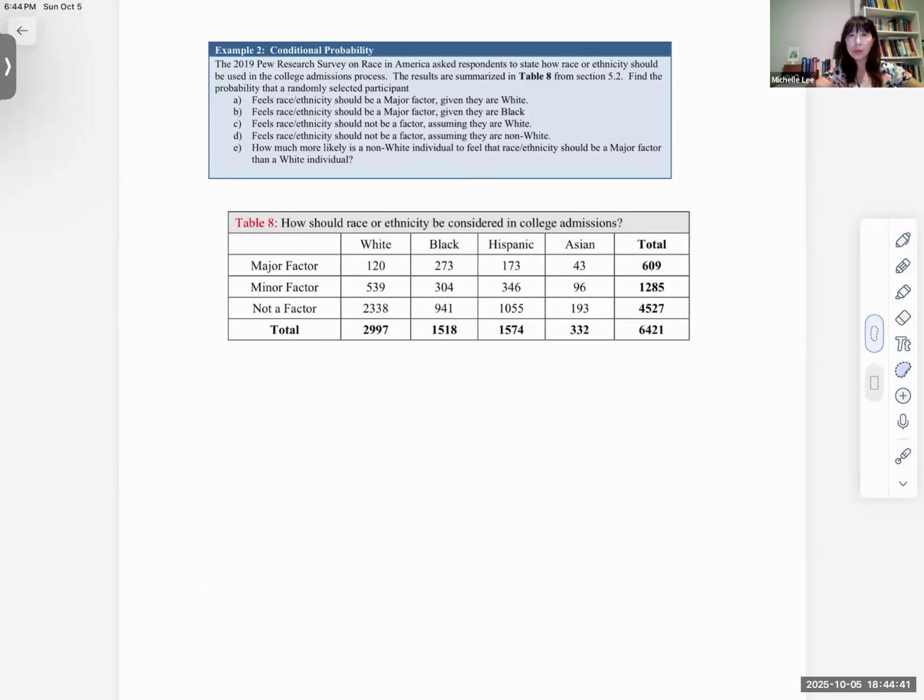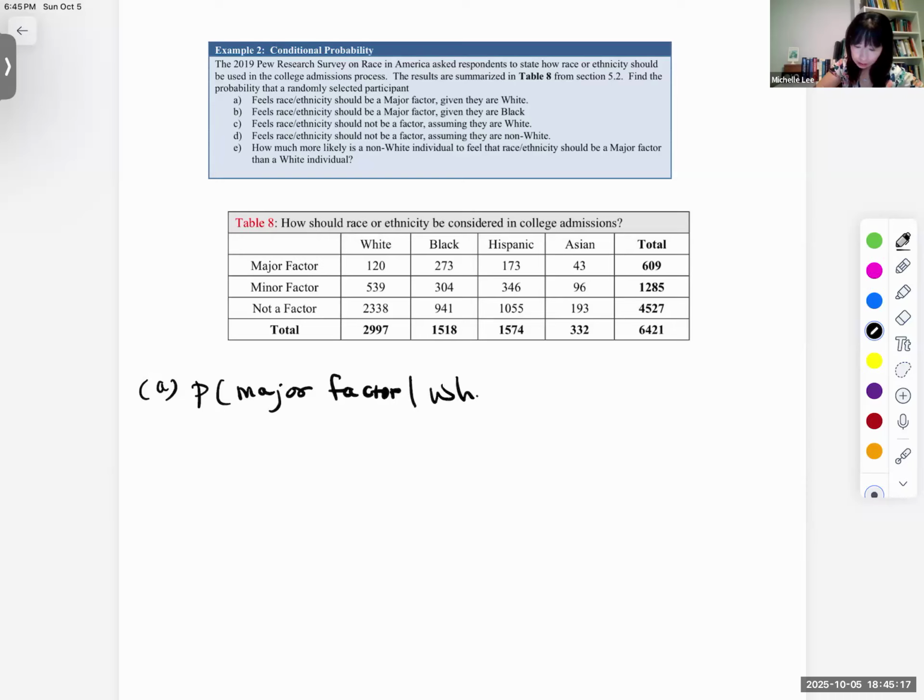Okay, let's do the second question. And we had this kind of question earlier. Okay, in that case, it's a contingency table with conditional probability, right? Okay, let us do that. The first one, which is what's the probability of major factor, given that they are white.